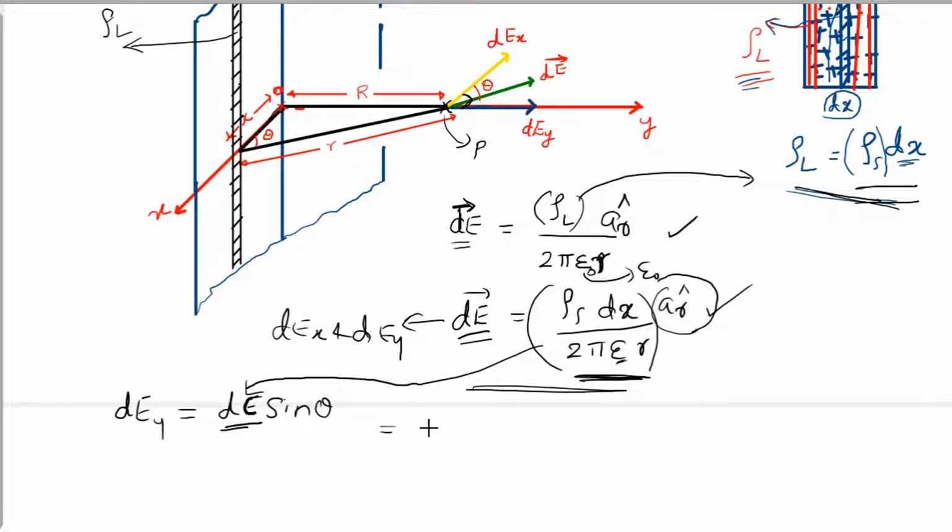Agree? So dEy will be rho S dx divided by 2 pi epsilon R, sin theta. So I get rho S dx by 2 pi epsilon R sin theta as my dEy.